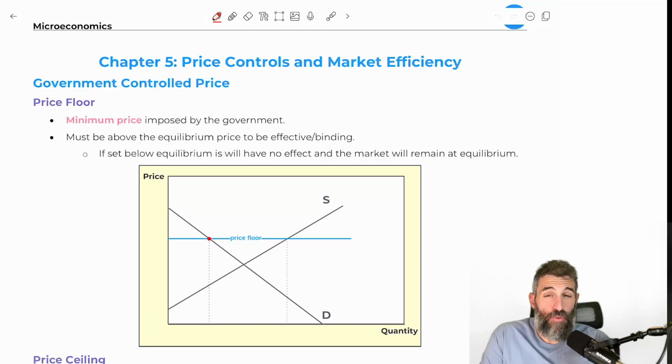First of all, for a price floor to even work, it needs to be set above the equilibrium. That's an important point. Imagine setting a price floor below equilibrium. It would never get there. What would happen basically is nothing. The market would stay at equilibrium. But if the government imposes a price floor, a minimum price that is above the equilibrium, then it will be effective.